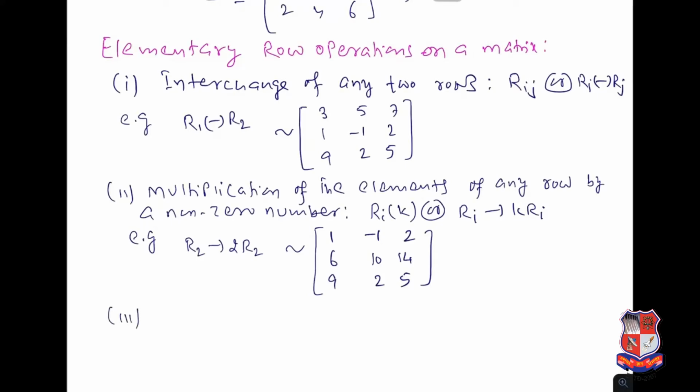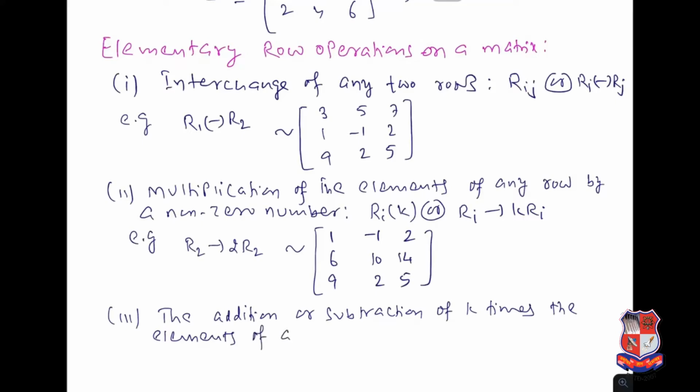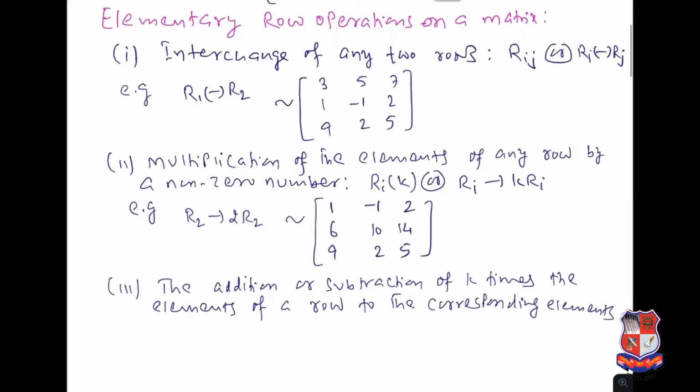The third operation is the addition or subtraction of k times the elements of a row to the corresponding elements of another row.